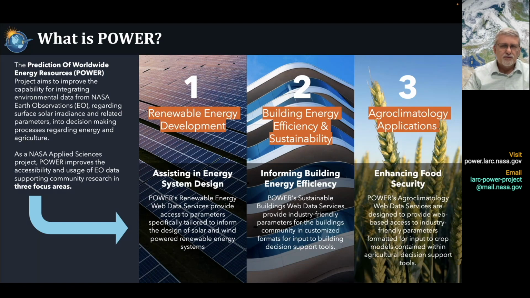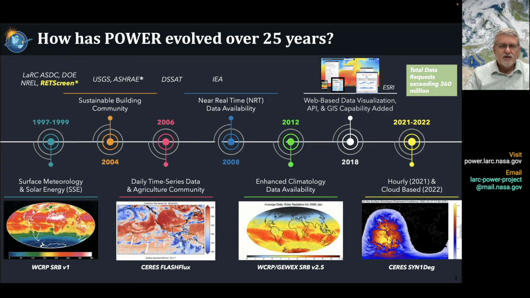So we have this 3 community focus, and this slide shows a bit of our evolution over the years. We've been working on this project under different names through the years, but essentially for about 25 years.